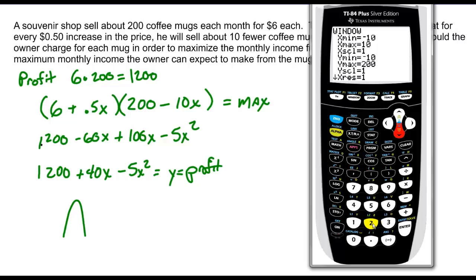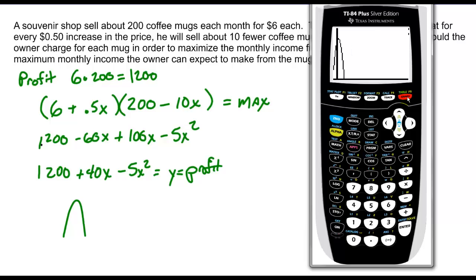I'm going to go X to 200. I know he's probably not going to sell that because he's going to actually sell less because he's increasing his price. But we just said we're at least up at 1200 high, and he's hoping to make more than 1200. So I'm going to go to 1600 for my max height. This is how we kind of estimate what our window is going to be.